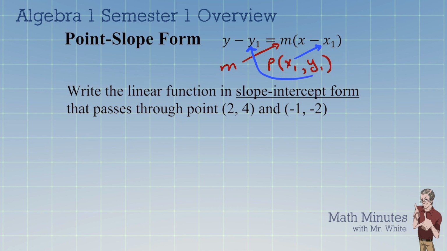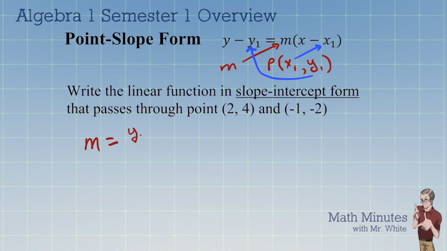So write the linear function in slope-intercept form that passes through these points. Well, I said we needed a point. We actually have 2 points, so we have extra information there. We have 2 points, so either one we can use, but do we have the slope? No. So I'm glad I put this problem on here, because I probably should have put it earlier in the presentation, is calculating the slope from 2 points.